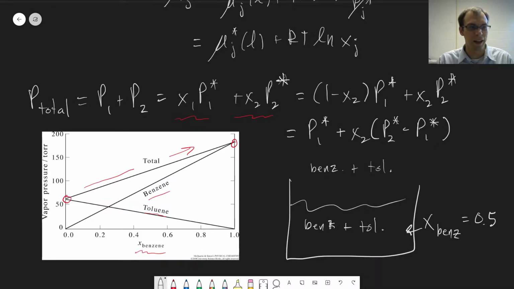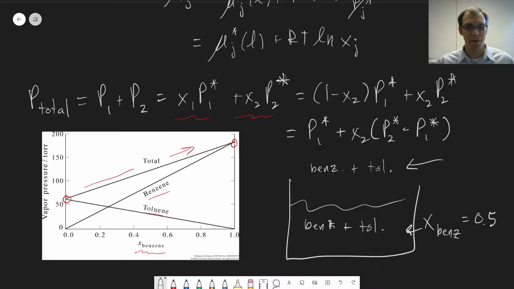So we have exactly half and half in terms of number of moles, benzene and toluene. Will that be true for the vapor? I want you to pause, think about that, come up with an answer, and see if you're right.